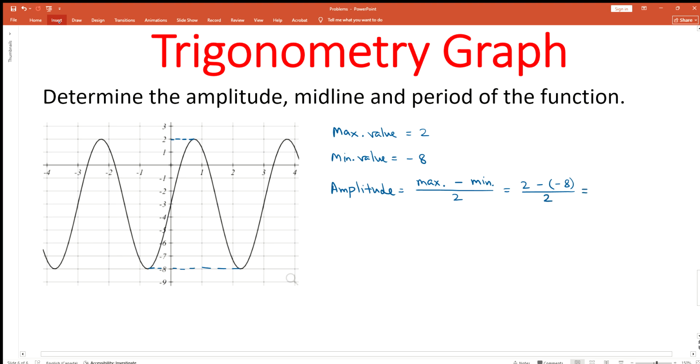Two minus -8 is equivalent to 2 plus 8, and 2 plus 8 is equal to 10, and 10 divided by 2 is equal to 5. Therefore, the amplitude of this function is 5.